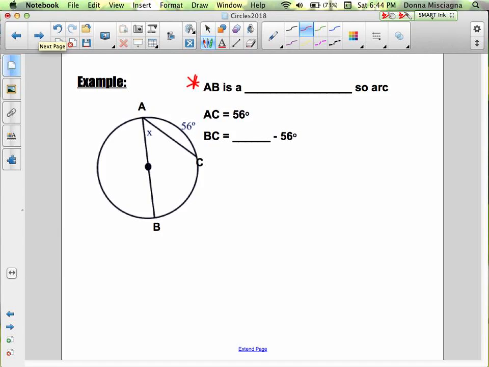So AB, and we should have that above it, but I can't type that. AB is a diameter. And how do we know that's a diameter? Well, it goes right through the center of the circle. So that means that arc ACB equals 180 degrees, right?